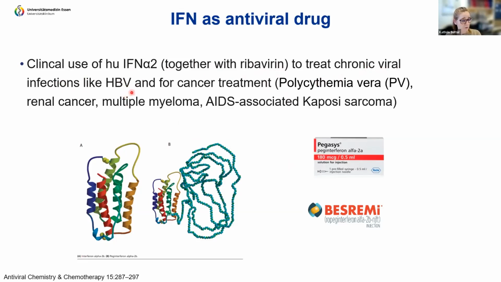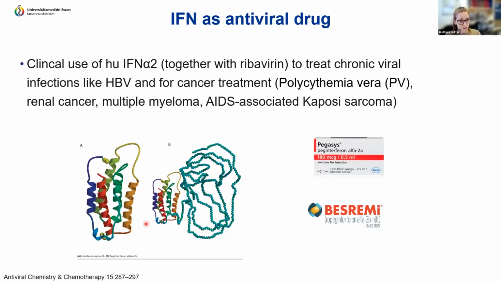Nowadays it is only used for hepatitis B virus infection, but in the past hepatitis C virus infection was also treated with interferon. There are also some cancer entities where interferons are still used, like polycythemia vera or renal cancer, also AIDS-associated Kaposi sarcoma. In melanoma, it is also used as an adjuvant therapy.